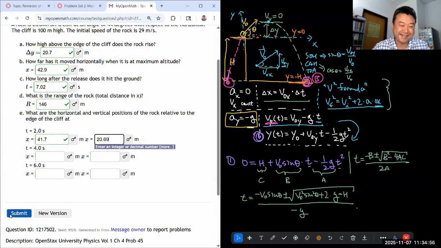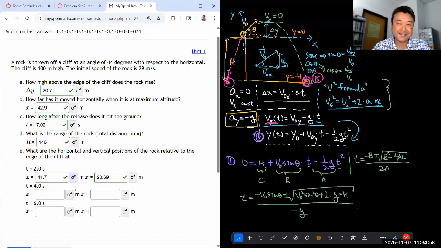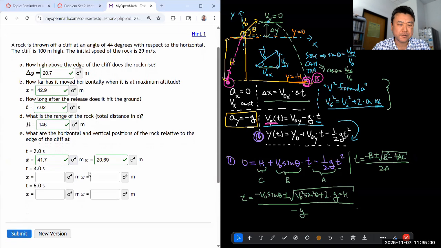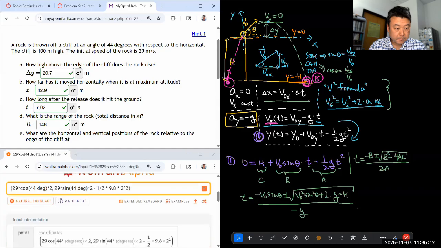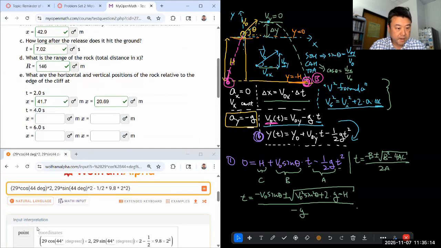Lazy. All right, that looks good. And I'll reach out to the question author about fixing that letter. Let's do the rest. It's a simple substitution in the Wolfram Alpha expression. We are looking at 4 seconds, so let me replace all the 2's with 4's.